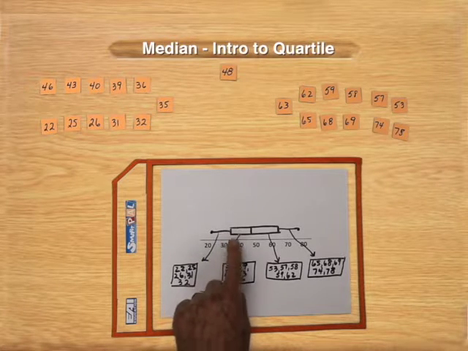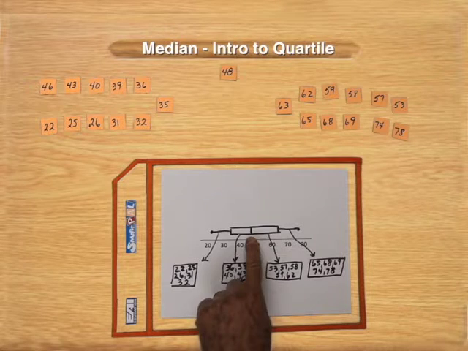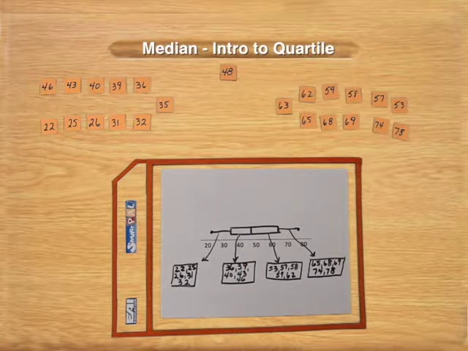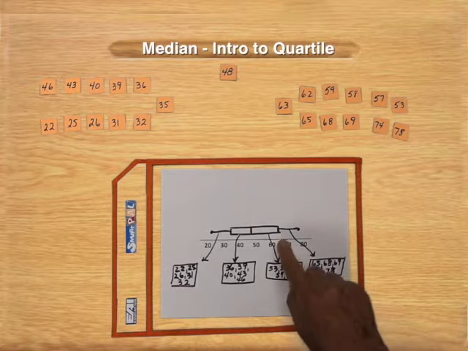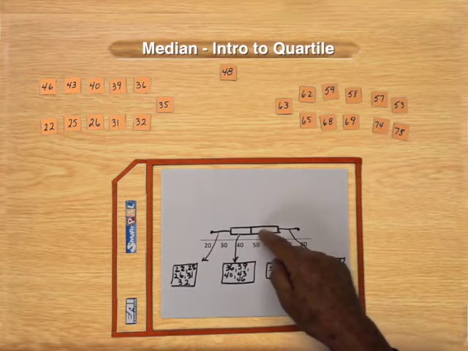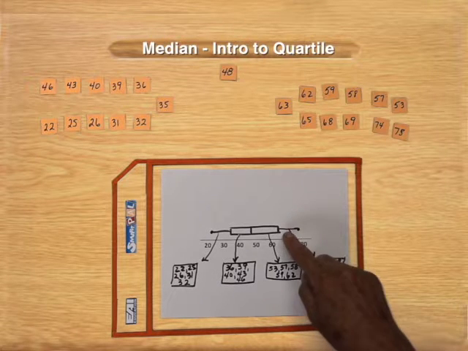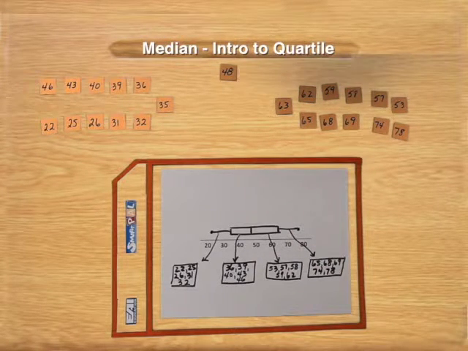Now, where do these numbers stop? They stop here at 48. So 48 is the second quartile. These numbers stop here. They'll be in this third section or the third quartile. And finally, these numbers are here, so they will be in the fourth section or the fourth quartile.